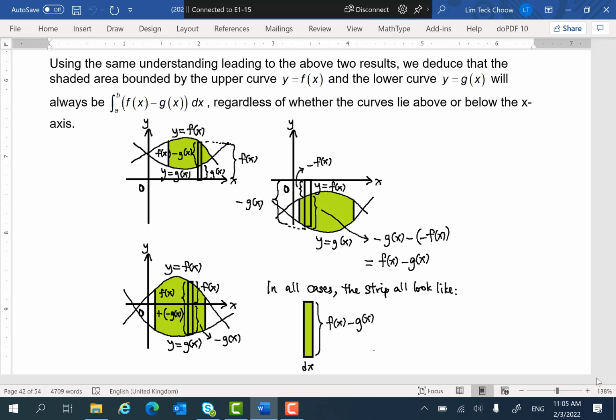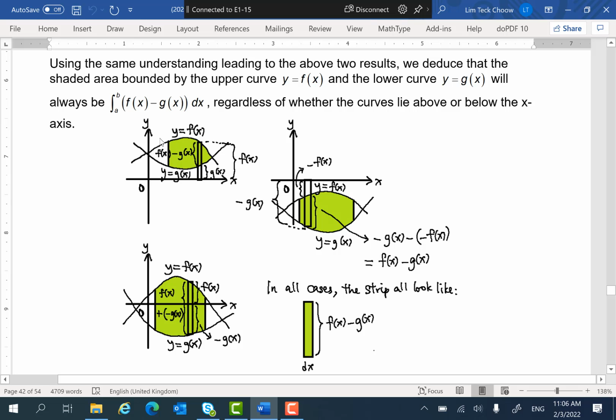Whether both curves are above the x-axis, both are below the x-axis, or one up and one down, after some logical thinking you realize that the same expression actually works.